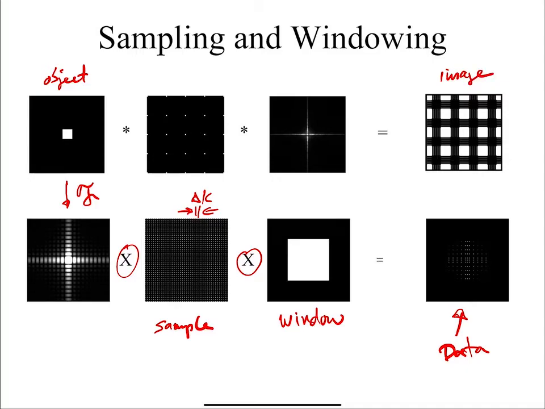And because we multiplied in one domain, we're going to convolve in the other domain. Yes? If we're only going to take the window for that amount, why are we even collecting all that data? Can't we just focus our attention only within the window without having to apply a window?